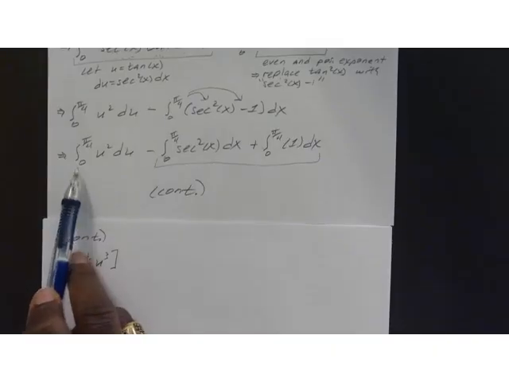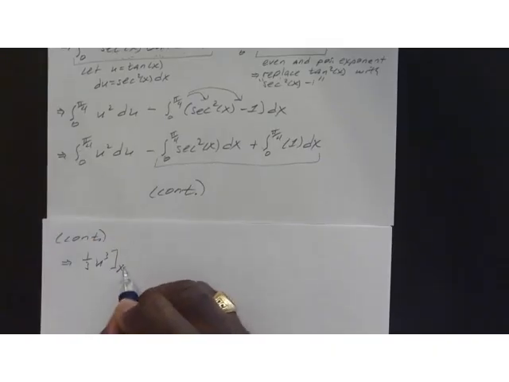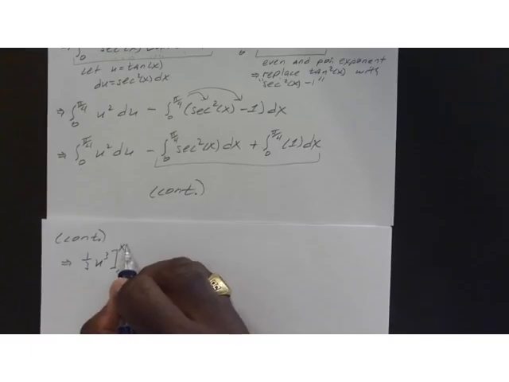Remember, that's from x equals 0 to x equals pi over 4. So we have to either replace the u with our tangent of x, or we have to take u of pi over 4 to u of 0. I just usually replace the u. It makes it easier.